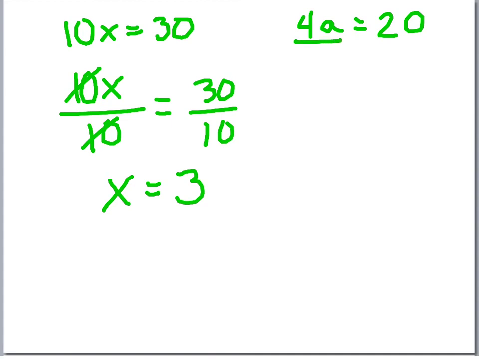We'll divide this by 4 and divide that by 4. So these two cancel out when you multiply and divide by the same number. Those are called what kind of operations? Inverse operations. You're left with just a equals 20 divided by 4. That's going to get you that 5.